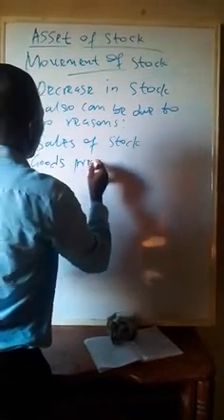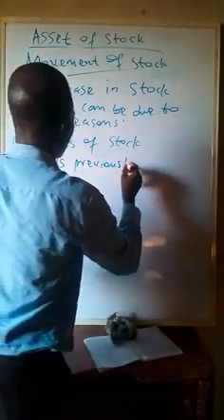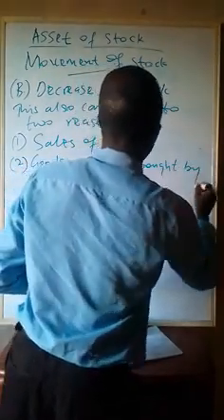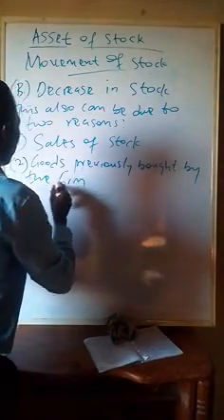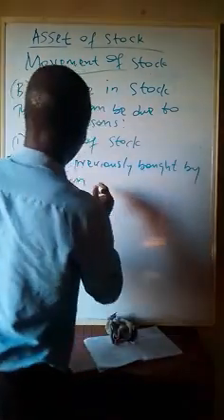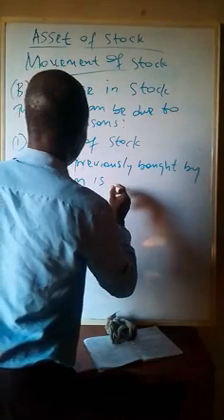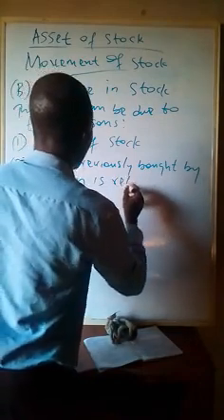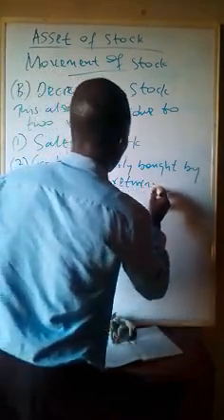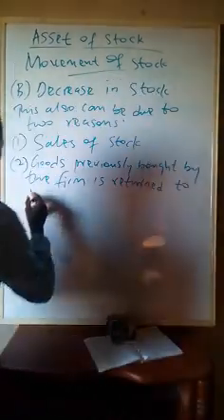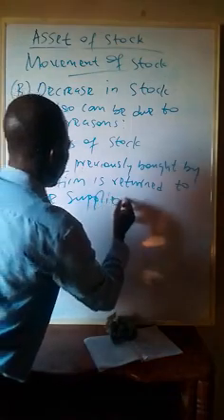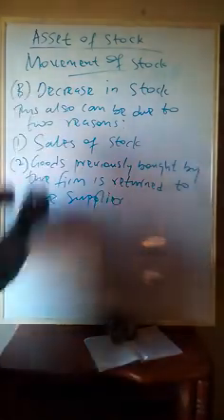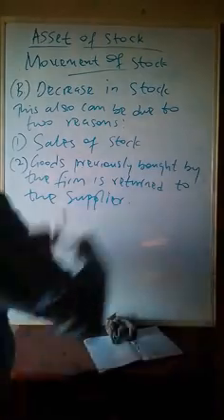Goods previously bought by the firm or the business are returned to the supplier. So what are the concerned accounts for this?